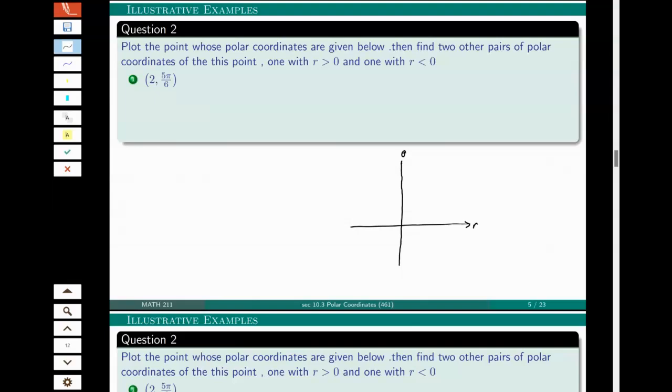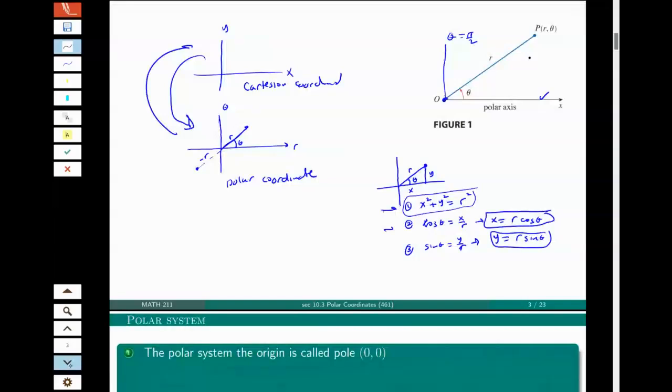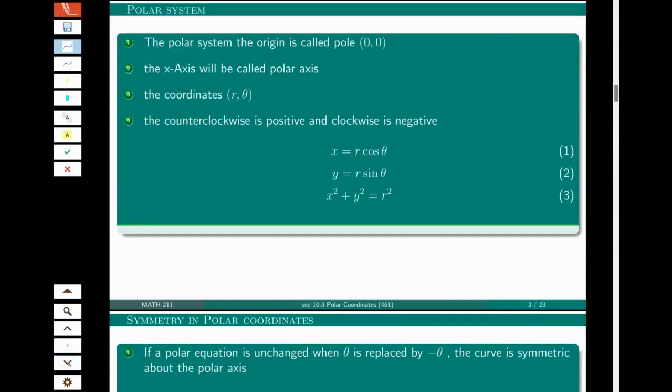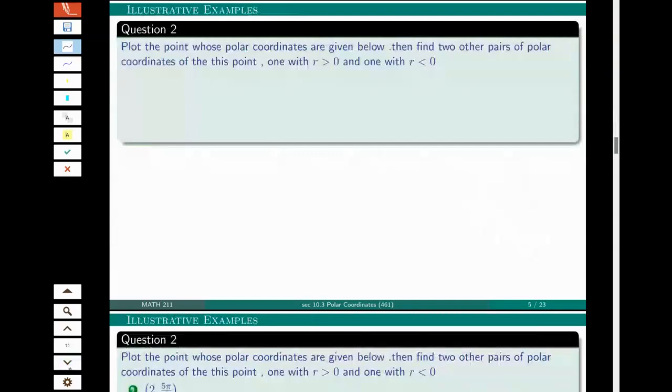So if I have the angle 5 pi over 6, where is 5 pi over 6? Remember, in math 2 I said 5 pi over 6 is just less than pi. If it is 6 pi over 6, it will be pi, so it's just pi over 6 less than that. So this is 5 pi over 6. Now, what does it mean 2?